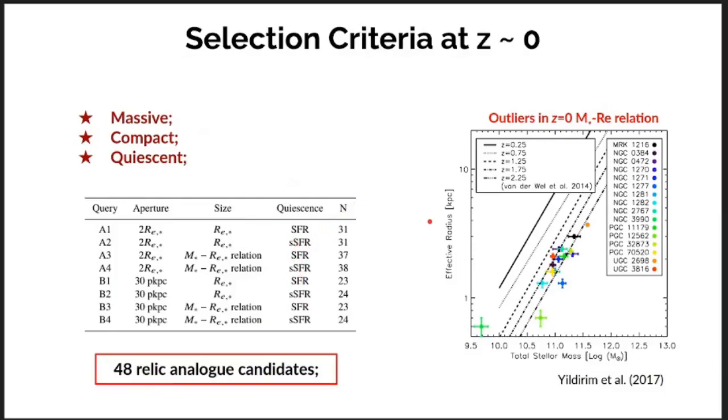Then we join all the galaxies that we can find using the different criteria to be very comprehensive. And the total number of relic analog candidates was 48. Here I am showing just a figure of effective radius versus total stellar mass, because it is known that relic galaxies at redshift 0 are outliers in this relation, being more compact for their masses.